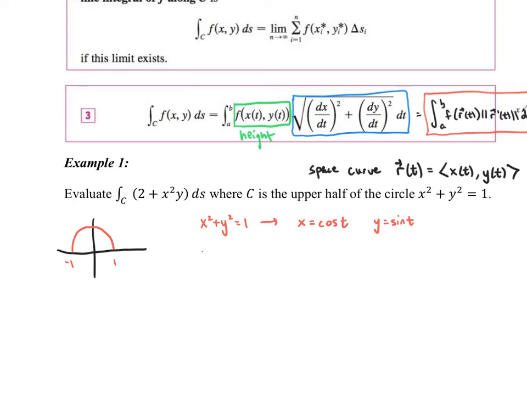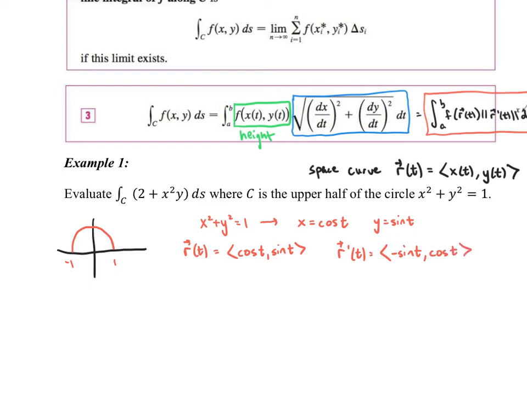So we're going to represent our vector r of t as cosine t, sine t, and we're going to need r prime, which is negative sine of t and cosine t.